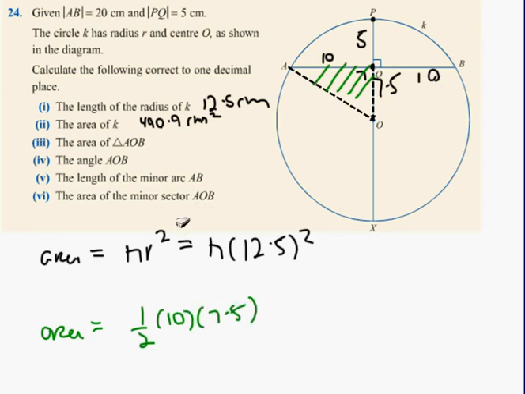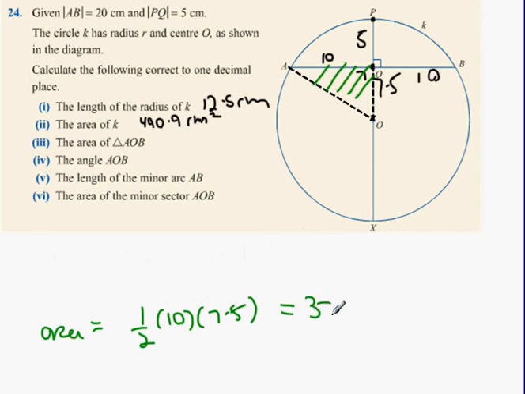That's going to give me 37.5. But there's two of them because there's another triangle that's the same size over the other side. So we're going to multiply this answer by 2 and we get 75 centimeters squared.